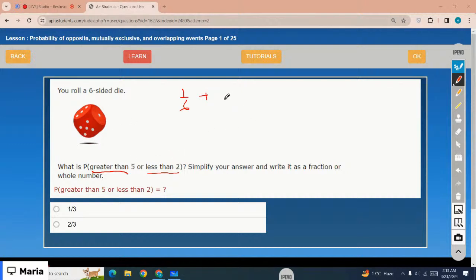And the probability of less than 2 is also, on a six-sided die with numbers 1 2 3 4 5 6, 1 over 6, right? That is 2 over 6 and that equals 1 over 3. The correct option is 1 over 3. Option number 1 is the correct option, right?